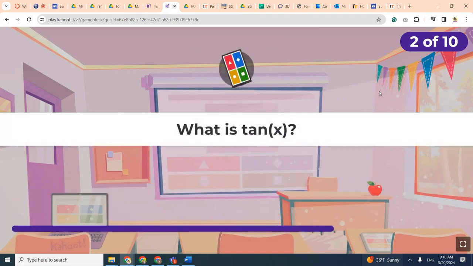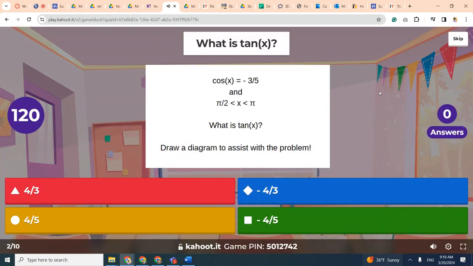What is tangent x? You have 2 minutes. Draw the picture, or you can look at the picture on the formula sheets.